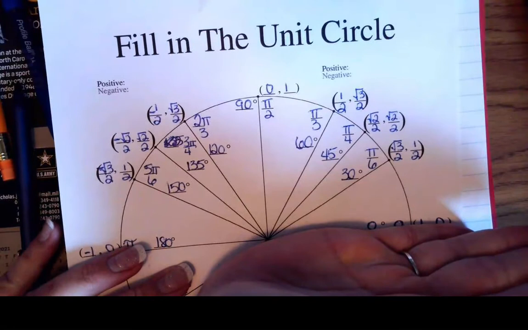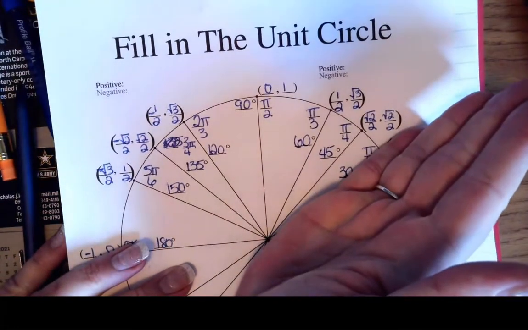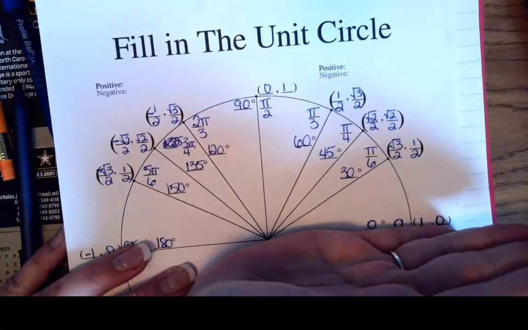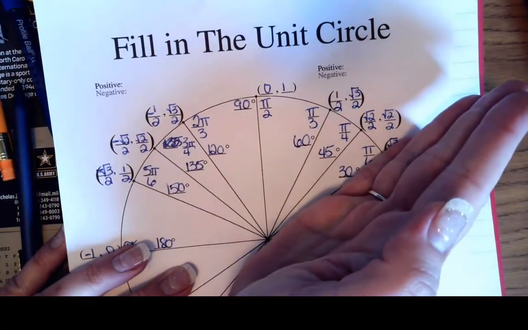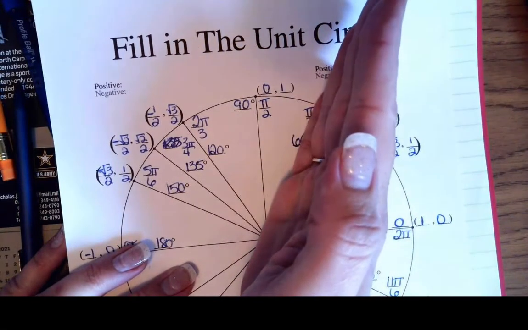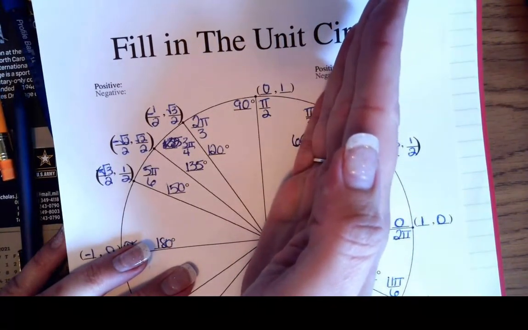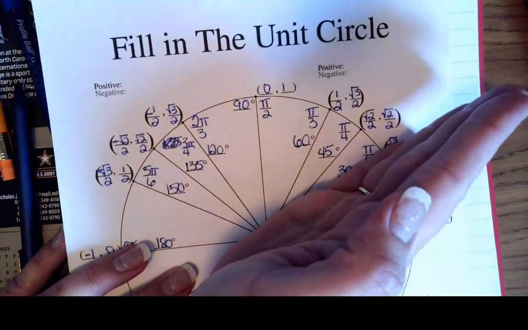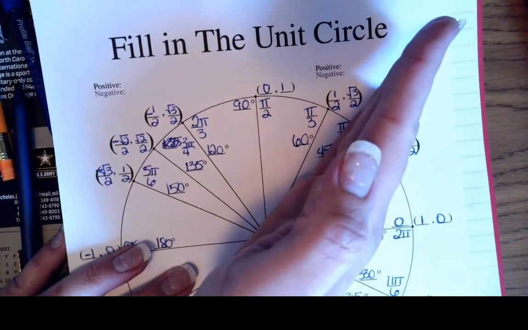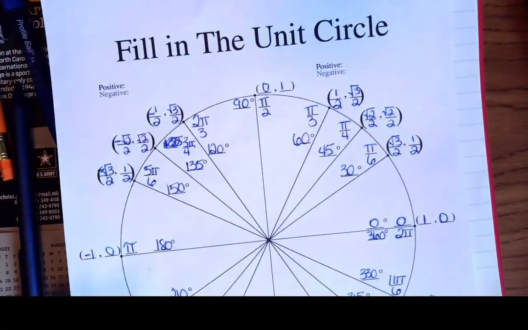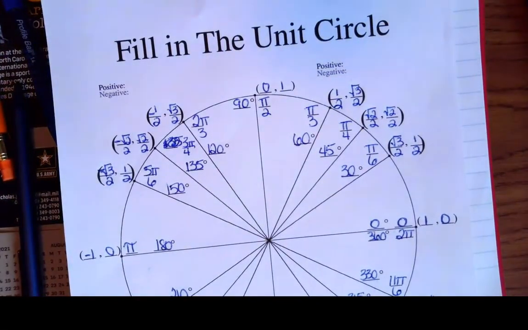I'm going to start at 0, and I'm going to do √3/3, which is a part of √3. Then 1, a full √3, which is just √3, and then undefined. So from 0, √3/3, 1, √3, and undefined. That's the way that I'm going to remember how to do tangent.